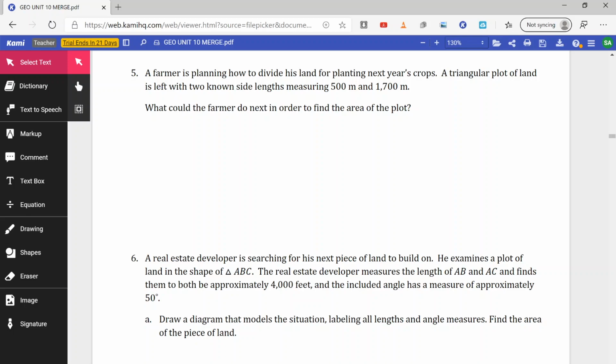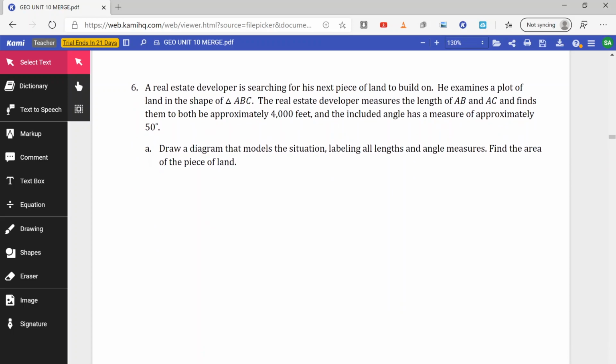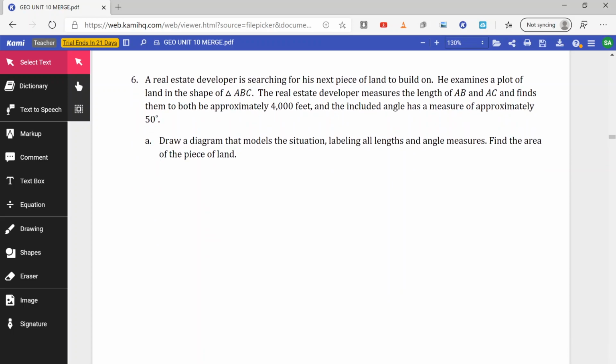The other thing he could do is figure out the angle measurements between the two sides and figure out what the exact area is using the sine. But it's a lengthy process and you don't really have to worry about that.